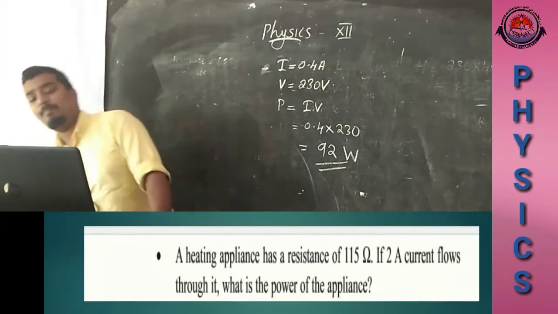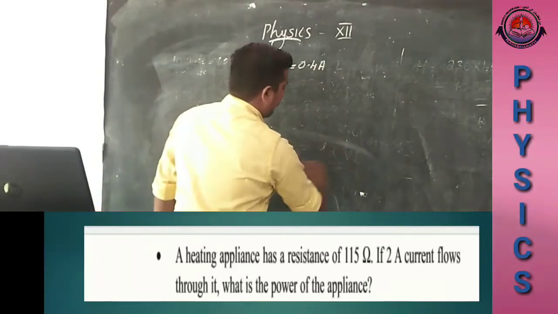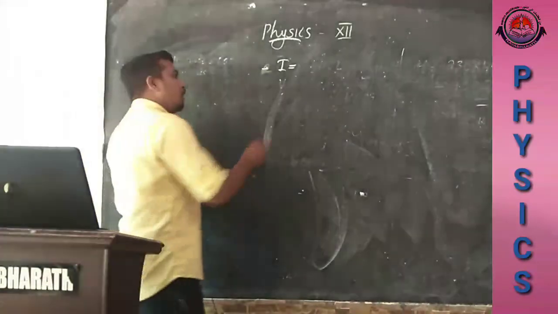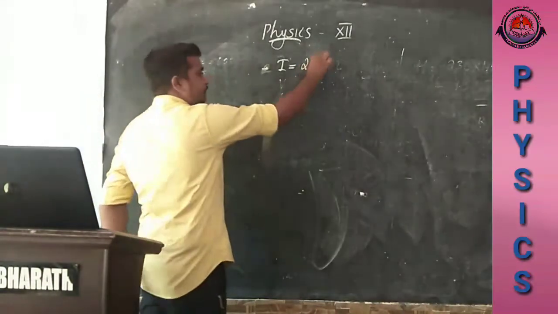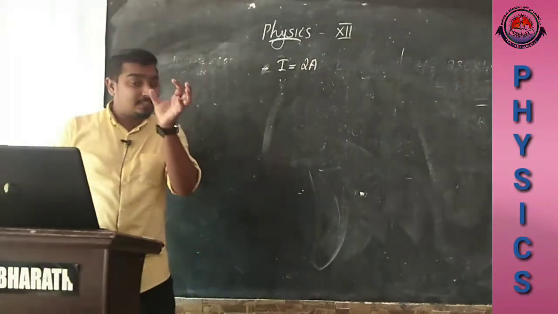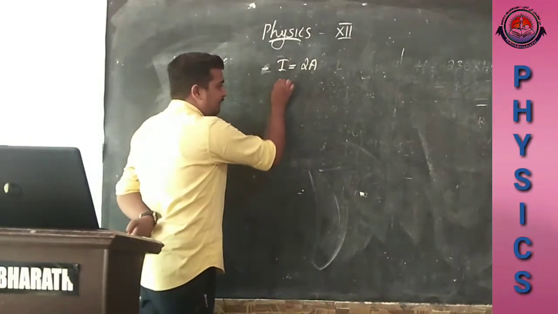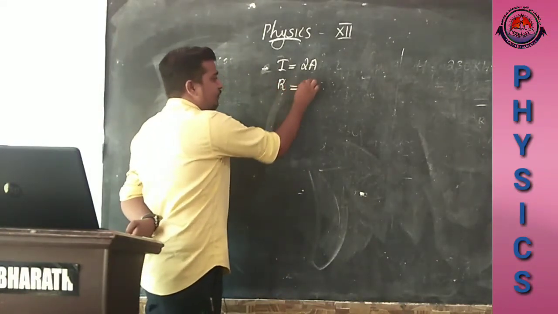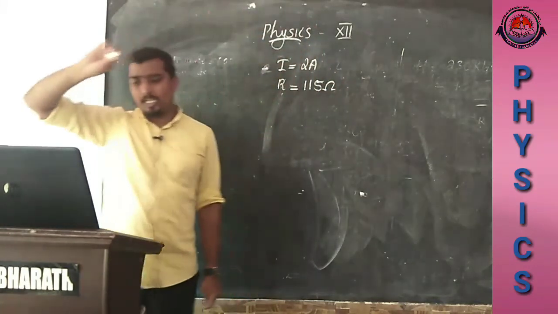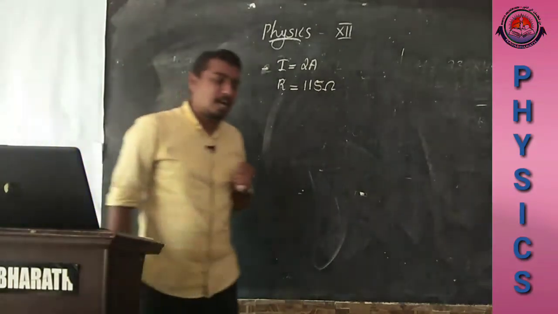Here the given values are I equal to 2 ampere, and R equal to 115 ohm.